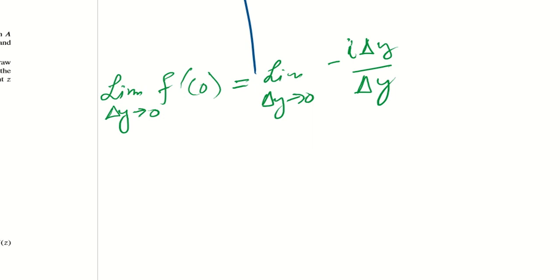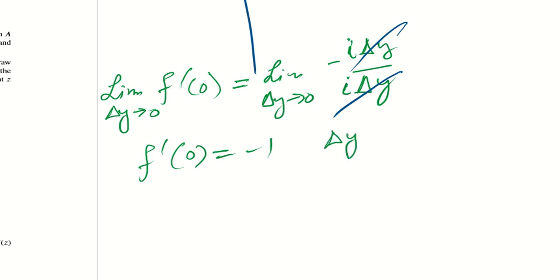We have defined the approach like this. So now again delta y and delta y cancel, and we are left with the value, sorry, there is iota underneath also. So we are left with the value minus 1. So we have now f prime of 0 equal to minus 1 when we approach from the positive y direction.